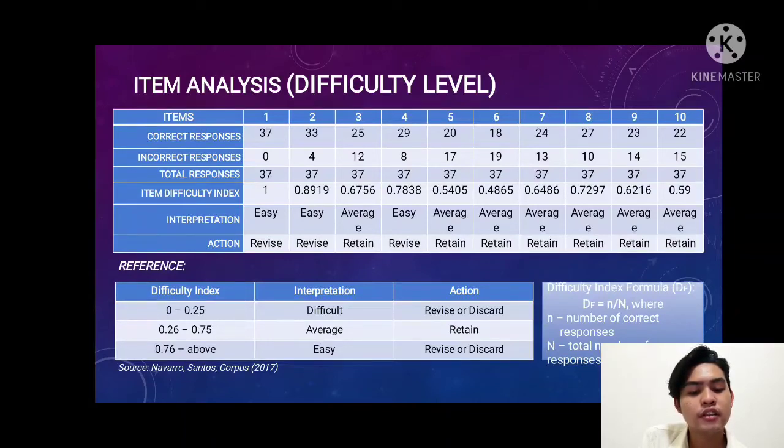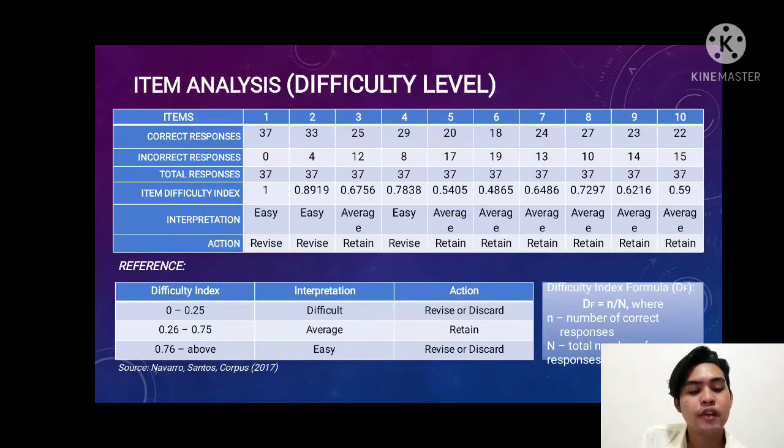Item difficulty index is 0.5405 with an interpretation of average, and the action should be retain. In item number 6, got 18 correct responses with 19 incorrect responses. Item difficulty index is 0.4865 with an interpretation of average, and the action should be retain.